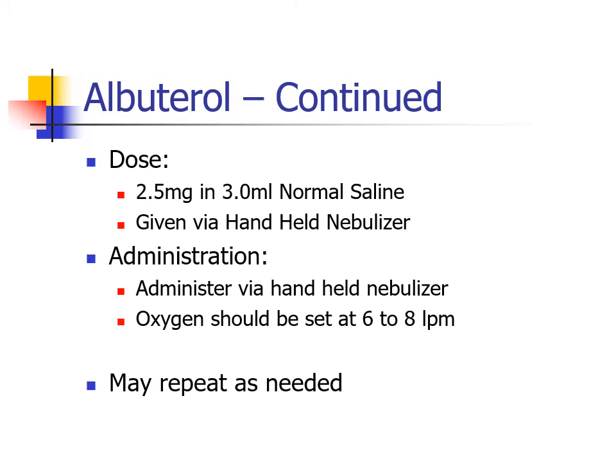The dose for albuterol is 2.5 milligrams in 3.0 milliliters of normal saline, given via handheld nebulizer or nebulizer mask. Administration: it may be administered via handheld nebulizer or nebulizer mask. Oxygen should be set at 6 to 8 liters per minute and may repeat as needed as long as there are no contraindications.